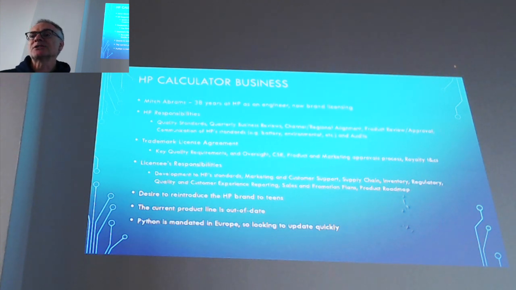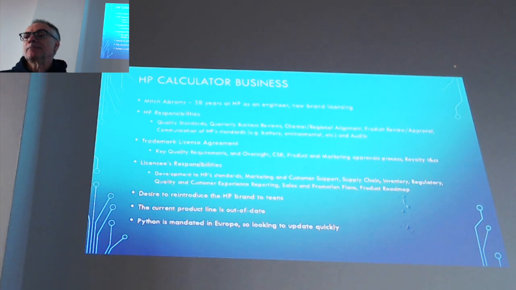And then it's the licensee that is responsible for developing the product to HP's standard and getting HP to agree it and sign it off. The licensee is responsible for marketing, customer support, supply chain, inventory, regulatory requirements, so all the CE marking and all the rest of it, quality, customer experience reporting, sales promotions, product roadmaps.